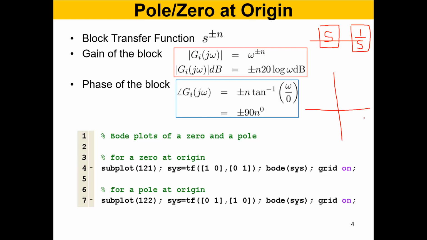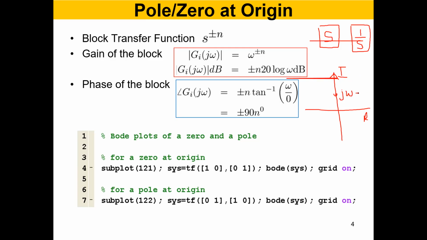This is the real axis, and this is the imaginary axis, which is actually the j omega axis. So you figure out some point here, j omega.